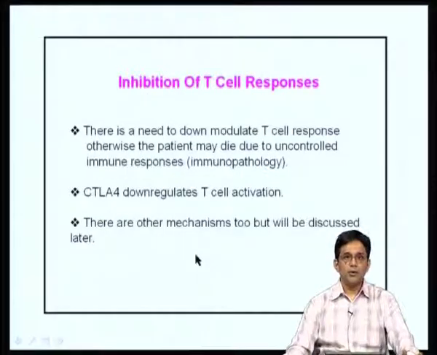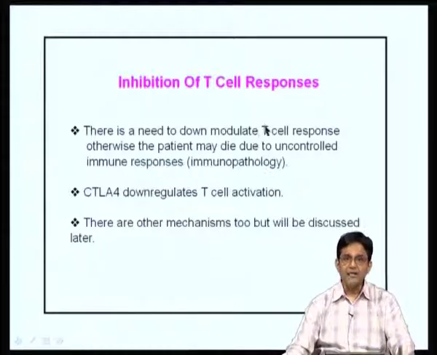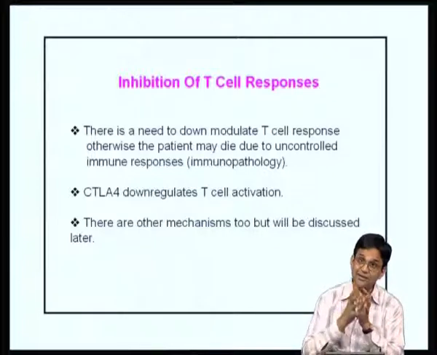And so, inhibition of T cell responses: we had discussed that there is a need to down modulate T cell responses, because otherwise the patient may die due to uncontrolled immune responses, and this is what I mentioned as immunopathology. A good example of this is CTLA4, which downregulates T cell activation. So, actually in this class we started by talking about T cell activation.